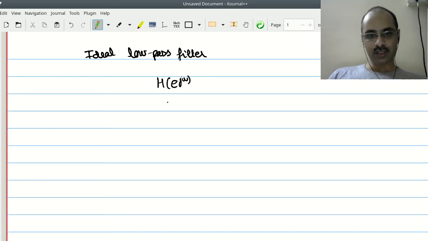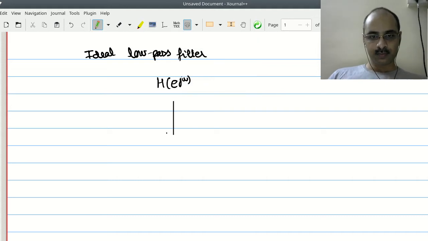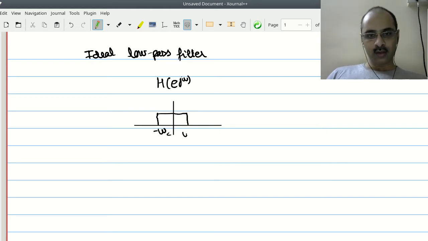So H of e power j omega, I'm just going to give you a plot. We are going to define it as 1 between minus omega c and omega c, and 0 outside, between omega c and pi and minus omega c and minus pi.